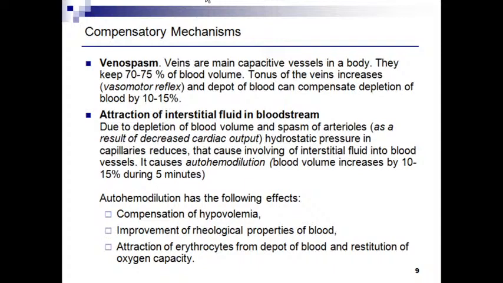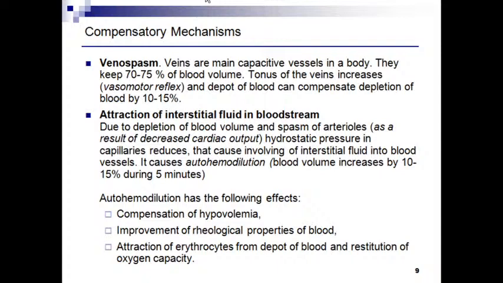It's a very useful mechanism, and autohemodilution has the following effects. First effect, compensation of hypovolemia. Up to 500 ml can be compensated by hemodilution during 5 minutes. Improvement of rheological properties of blood, because viscosity of blood becomes less with reducing of hematocrit.